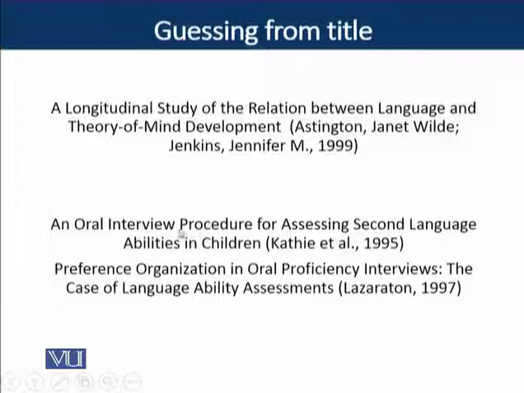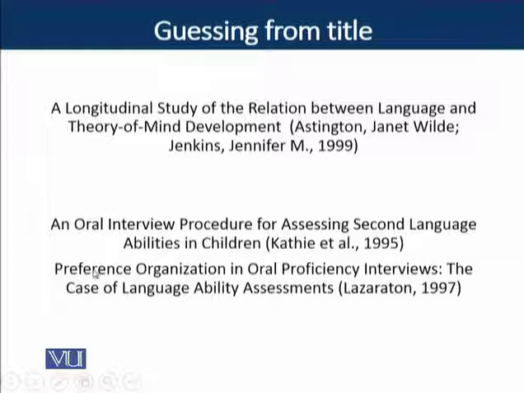The second title is: an oral interview procedure for assessing second language abilities in children. It is not clear from this title whether it is a position paper or a primary research, because nothing is given in the title. It may be a position paper, by Kathy et al., 1995.